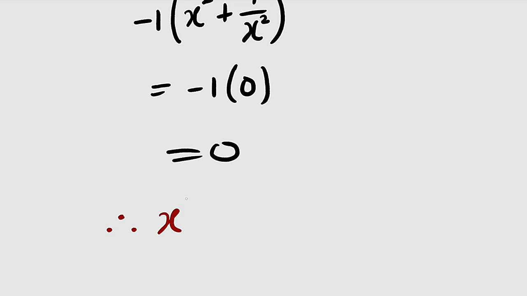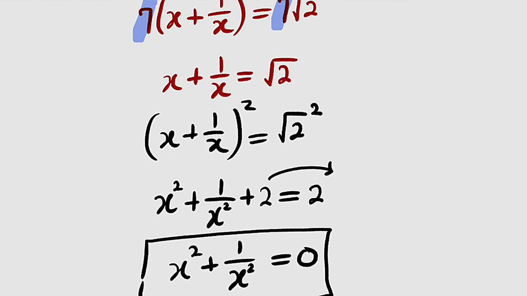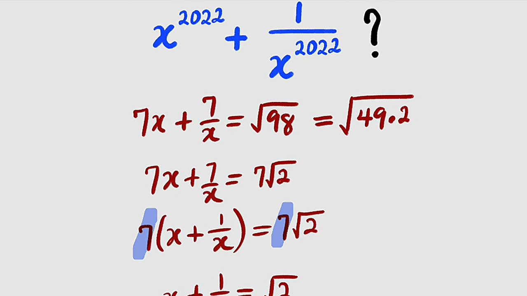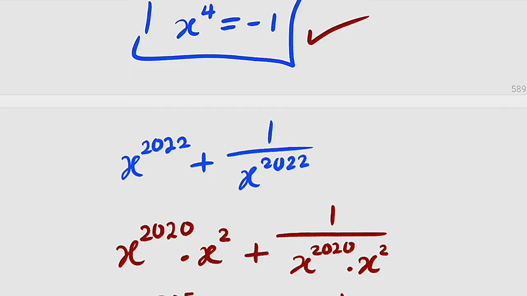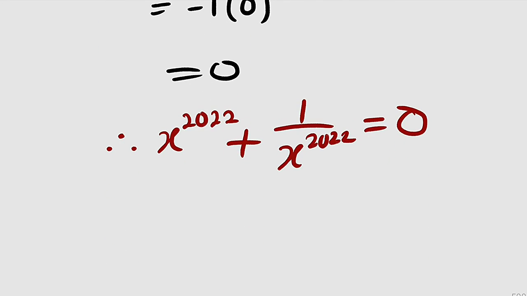Therefore, x to the power of 2022 plus 1 divided by x to the power of 2022 is nothing but 0, provided that that first equation is true, which is 7x plus 7 divided by x equal to the square root of 98. If this is true, definitely x to the power of 2022 plus 1 divided by x to the power of 2022 must be equal to 0.